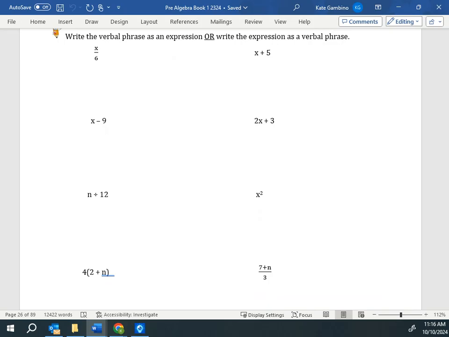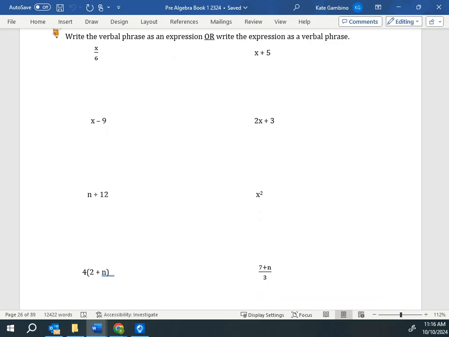So we know x stands for a number, so we're going to put a number in for that variable. What operation is that fraction bar telling us to do? Fallon? Division. So now that I know for x I'll put a number, and for the fraction bar the operation is division, what do you think I could put for a verbal phrase?